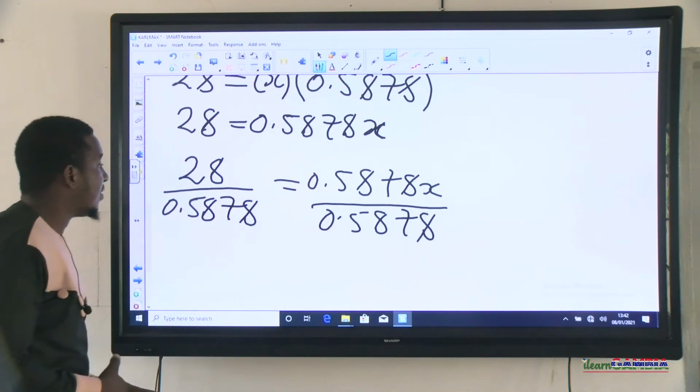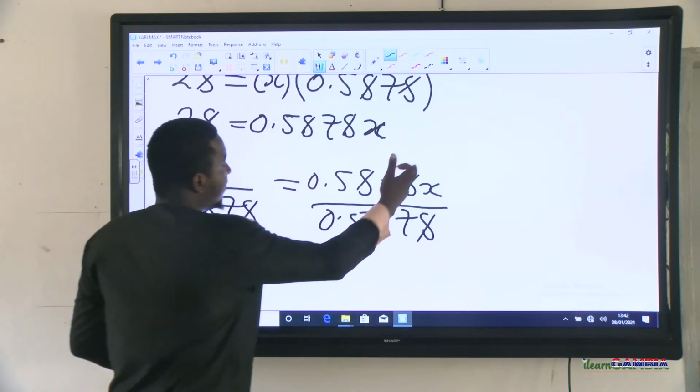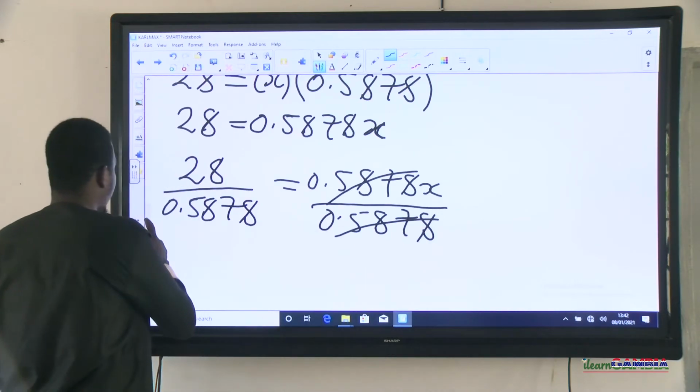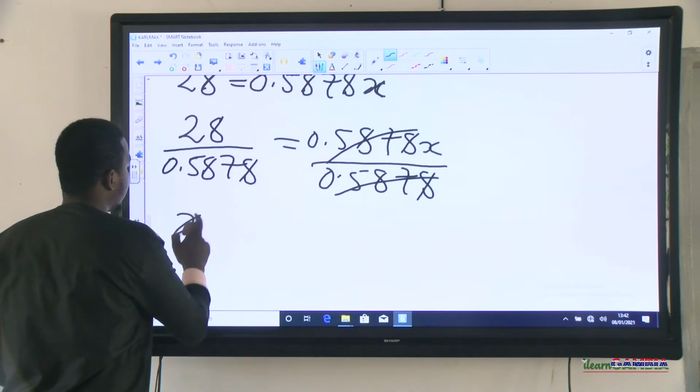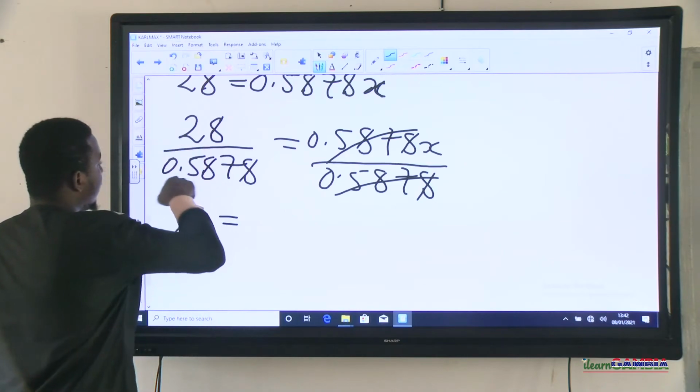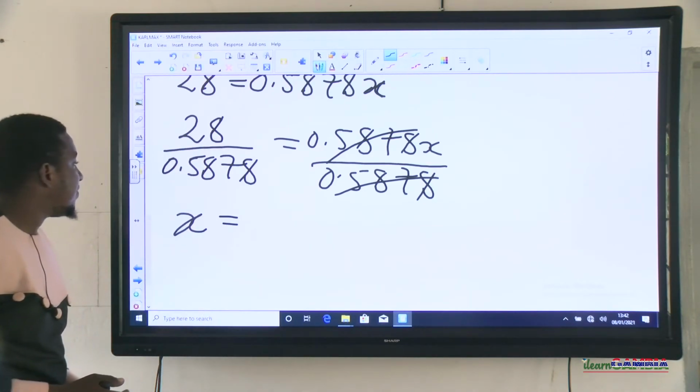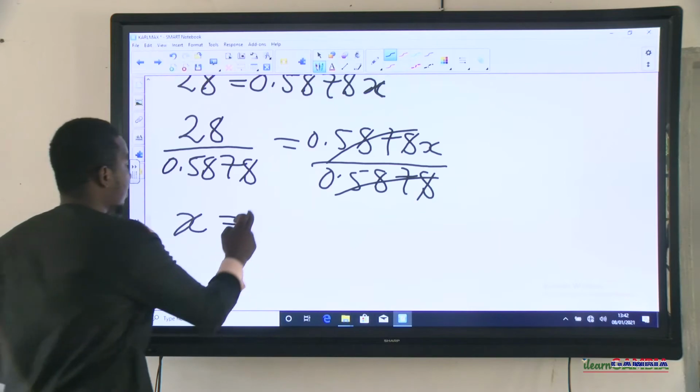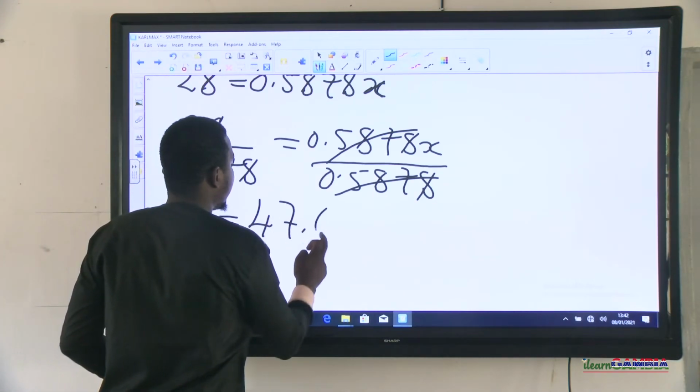So 0.5878 will cancel out. So we are now going to be left with x is equal to 28 divided by 0.5878, which is going to give us 47.64.